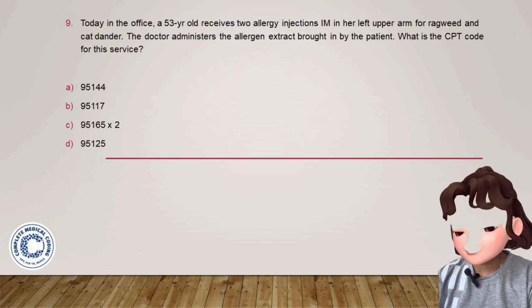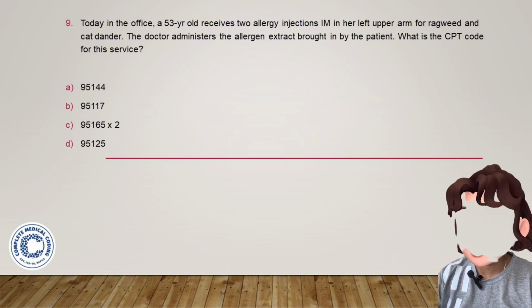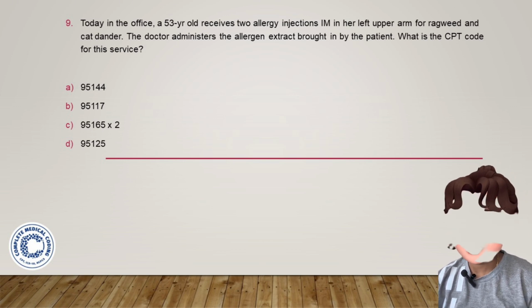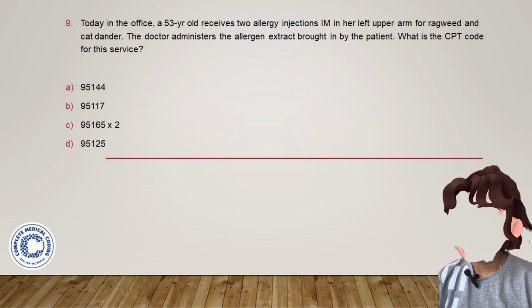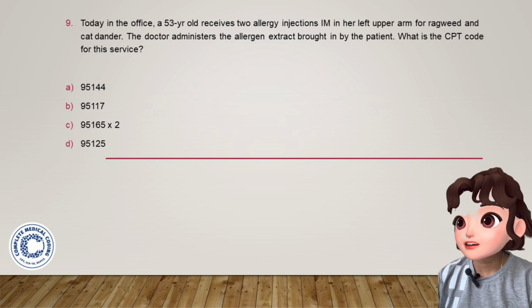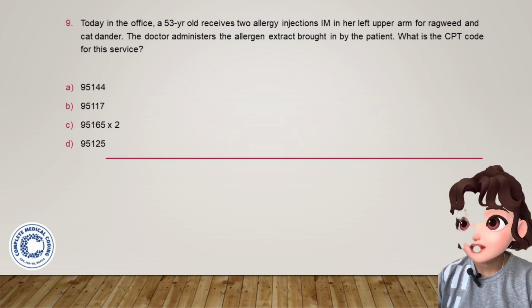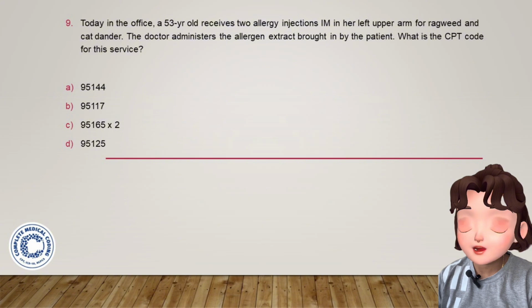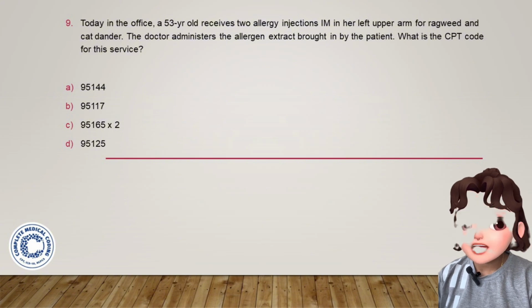But what is 95125? It represents including provision of allergenic extract. But in our question, the allergenic extract is not included. Why? Because in the second sentence it's mentioned, the doctor administers the allergen extract brought in by the patient. The allergen extract is being brought by the patient, so that is not included.